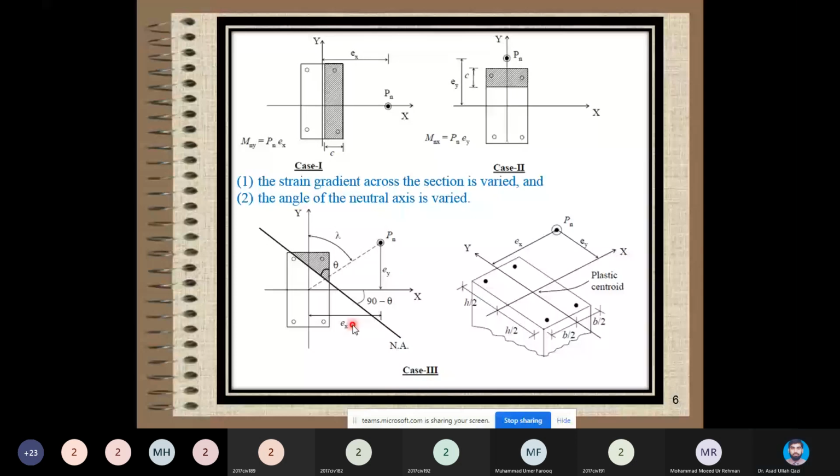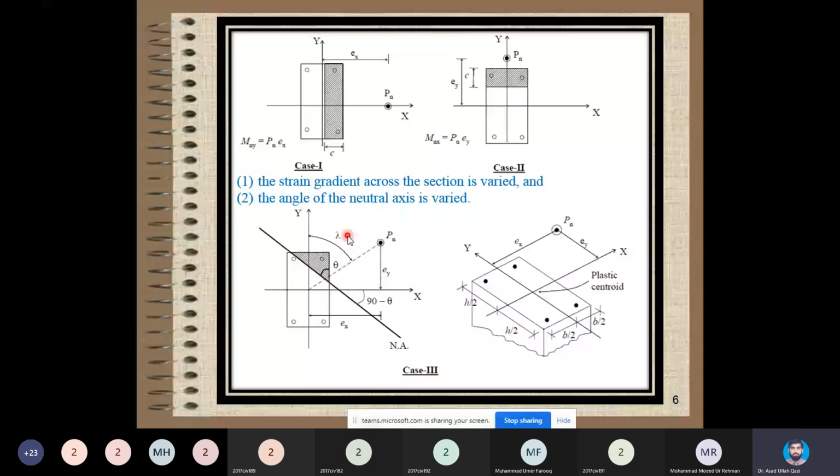Now this load Pn is present at a point which has both eccentricities. It is neither present along the x-axis only nor along the y-axis. It is slightly off the axis. So now it has both Ex and Ey. In this picture, lambda is also marked.